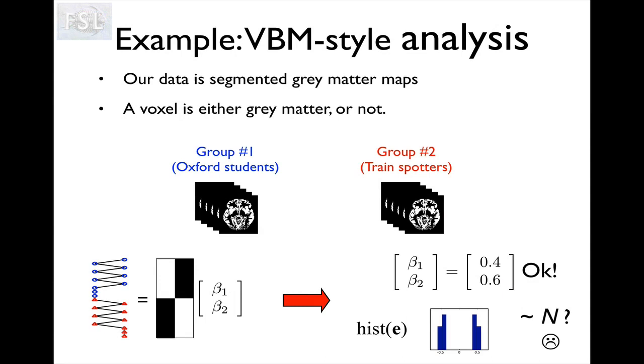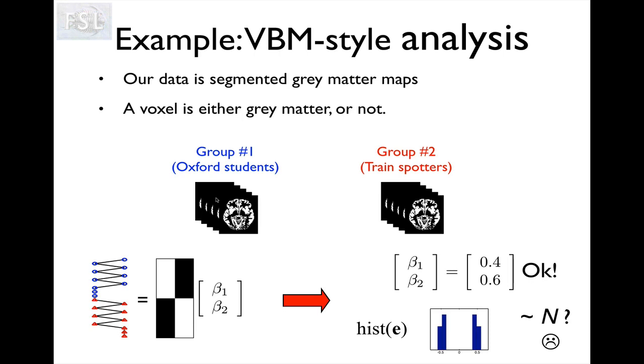So hopefully you've already seen the talk about VBM analysis. In that case, you know that the response variable for a given voxel is whether it is grey matter or not grey matter. So voxels tend to have either a value of 1 indicating they are grey matter, or a value of 0 indicating they're not grey matter, i.e. they are something else.